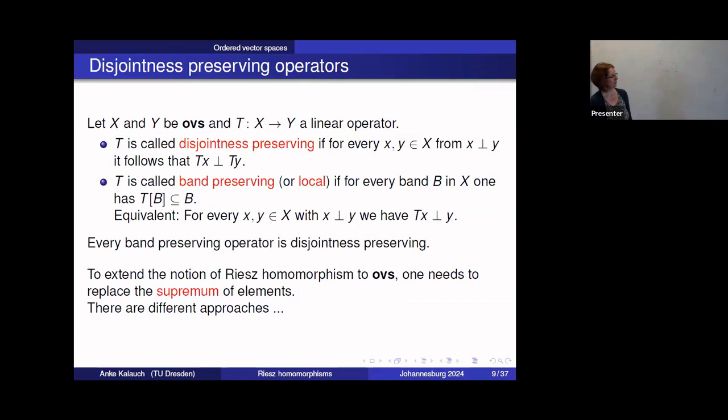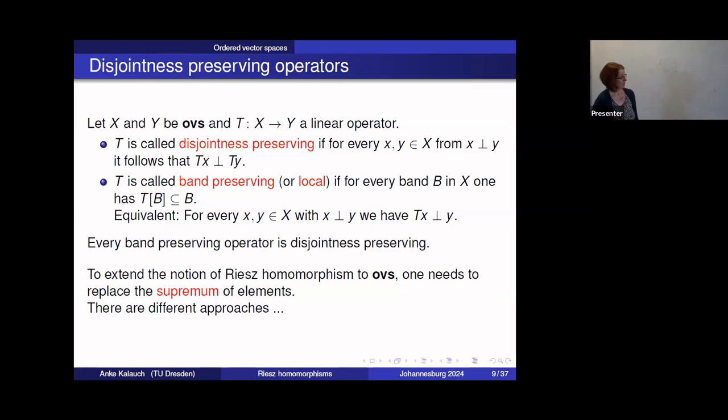So a linear operator is called disjointness preserving if you start with disjoint elements, you end up with disjoint elements. And also band preserving is defined well now, meaning every band is mapped into a band, itself. And these band preserving operators, which in the theory of Banach lattices are called local, are a special case of these disjointness preserving operators. Just as an example of disjointness preserving operators.